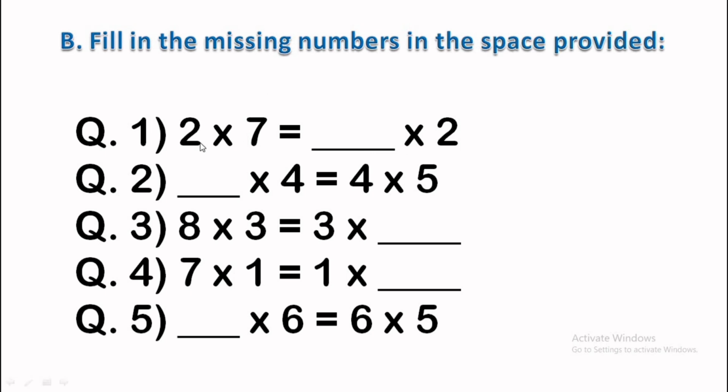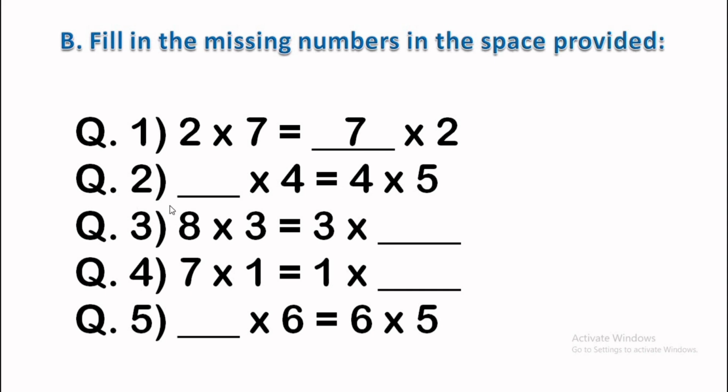So on the left hand side we have 2, right hand side we have 2. On the left hand side we have 7 and on the right hand side we have a place where we have to put a missing number. So the missing number is 7. So we'll write 7 here.